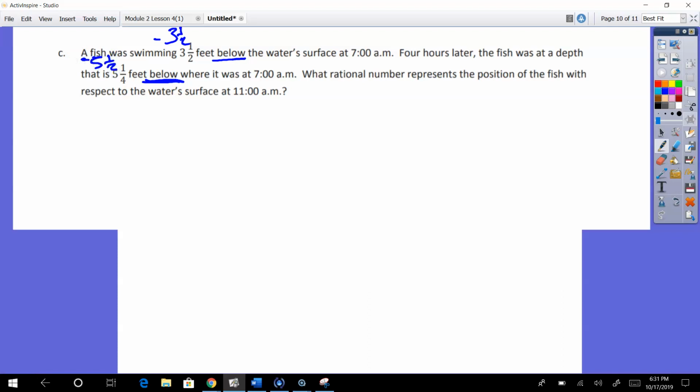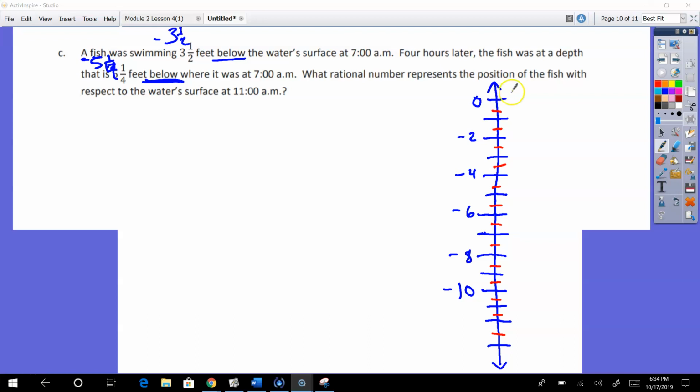So he was swimming down. Oh, where he was at 7 a.m. So we're going from negative 3.5 feet, and then we're going down another 5 1/4, not 5 1/2. What rational number represents the position of the fish with respect to the water's surface at 11 a.m.?